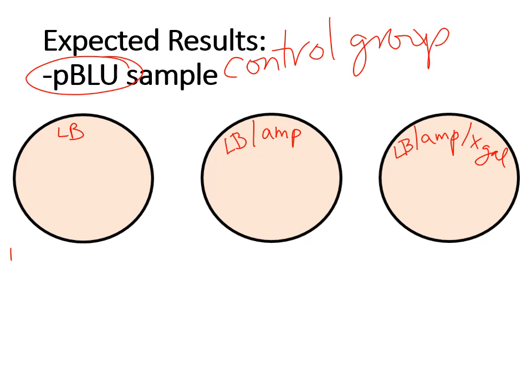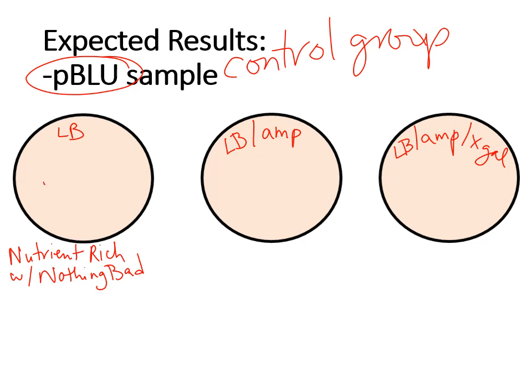Okay, so first of all, we have our LB plate. This is nutrient rich with nothing bad. That means you expect any and all bacteria, whether it has the plasmid or not, to show growth.